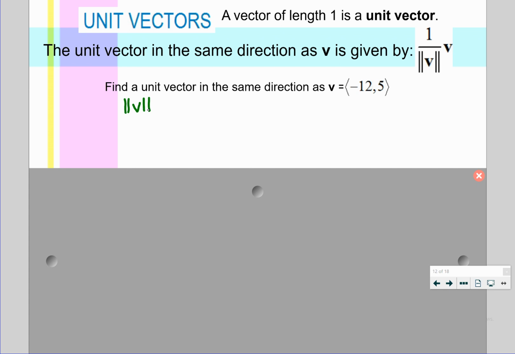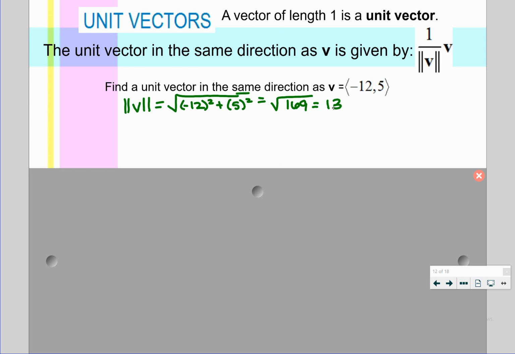We're going to think of 12 and 5 as legs of a right triangle, and when we're calculating the length, we're trying to figure out what that hypotenuse is. So it's just the square root of both legs squared, so you really don't even need the negative. It's going to be positive anyway. Negative 12 squared and 5 squared, which is going to give me 144 and 25, which is going to give me radical 169, and that gives me 13. We don't have to worry about a plus or minus when we take the square root because we're calculating a length, and length is always positive.